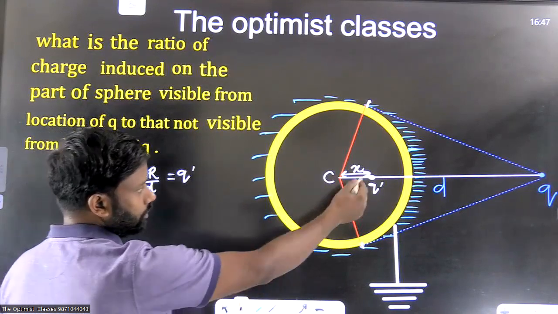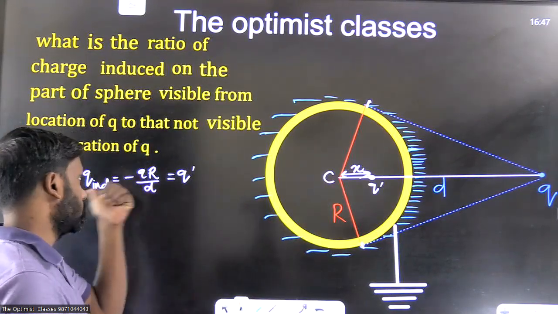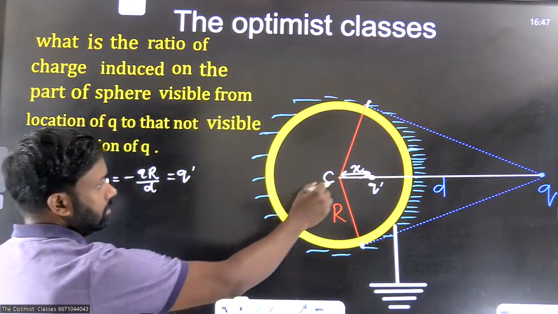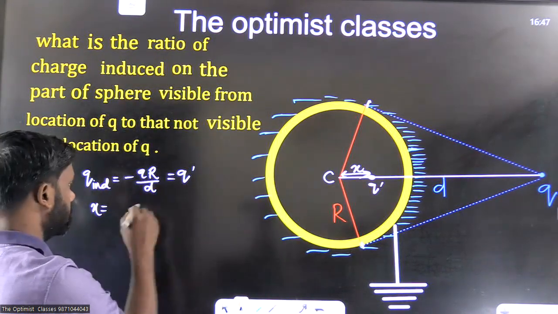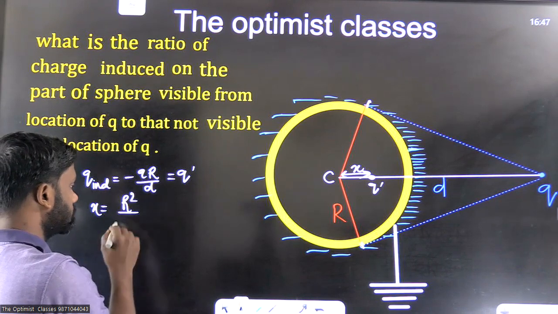The value of Q dash comes out to be this much, and the distance of Q dash from the center of this sphere is R square by D.